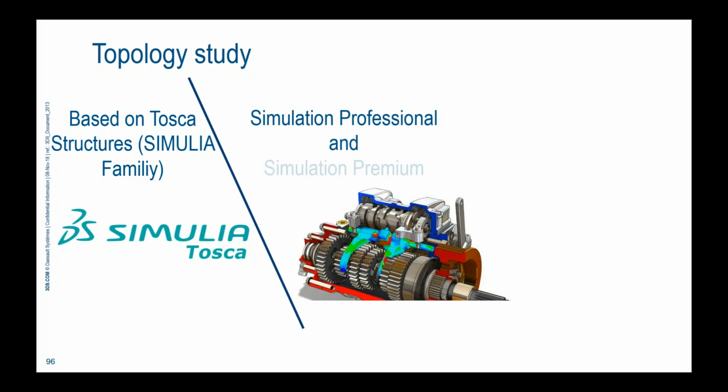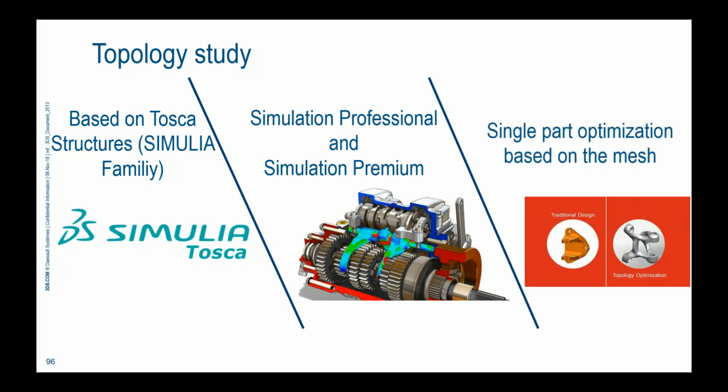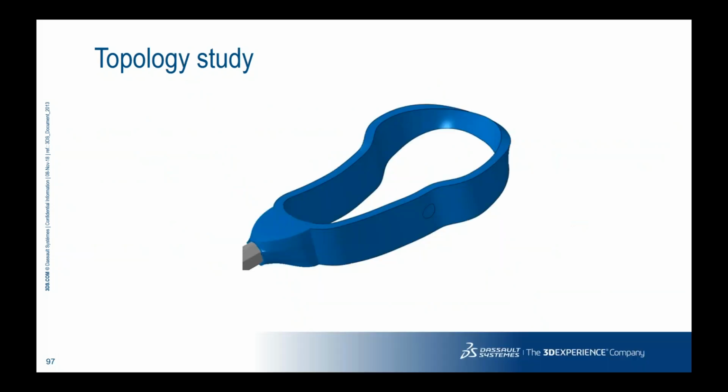So if you know the Abaqus brand, it's in the Simulia family. We have developed this internally, also with Simulia guys. For now, it's limited to single part optimization, and this is based on the mesh instead of parameters. Let's check how it works.